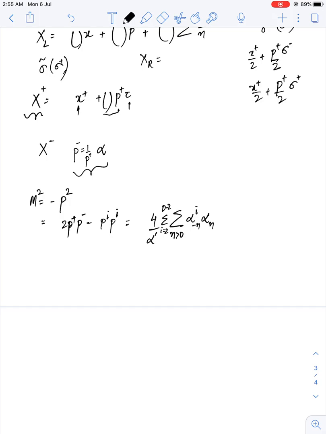Is this the correct one? I'm making some mistake. Yeah, it has to be this one. But then we are still left with the normal ordering problem.